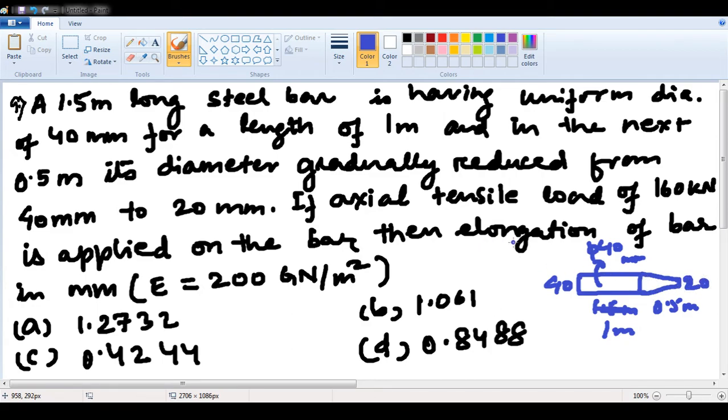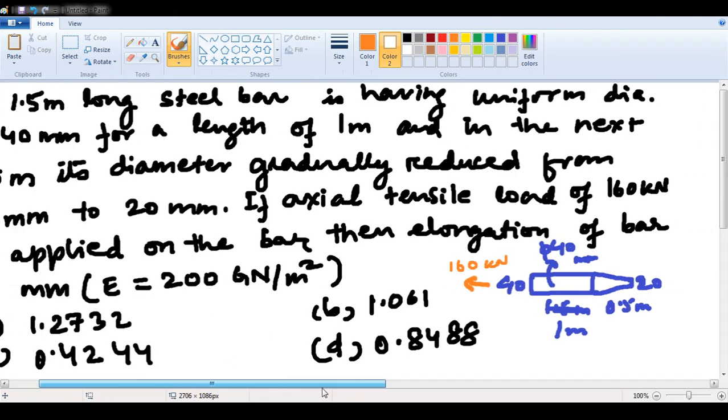If the axial load is 160 kilonewton, 160 kilonewton is applied on the bar, then the elongation of the bar. So here again it is asking for the elongation of the bar.